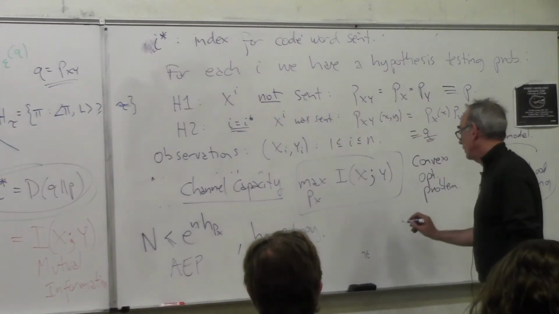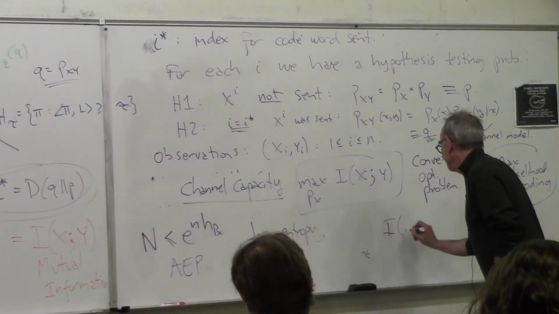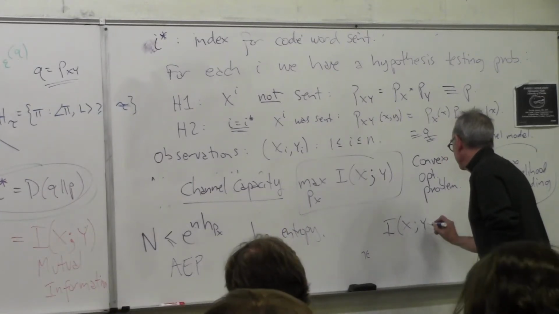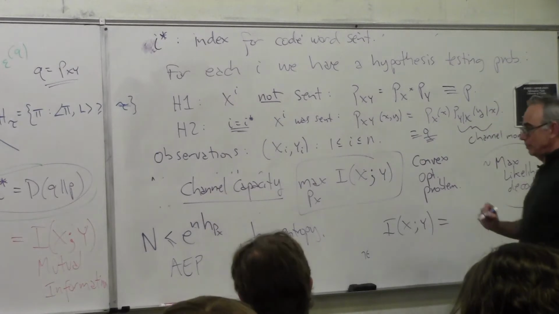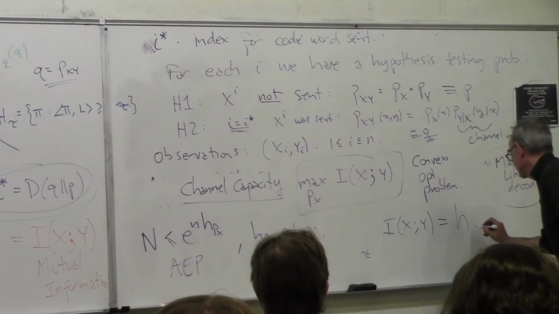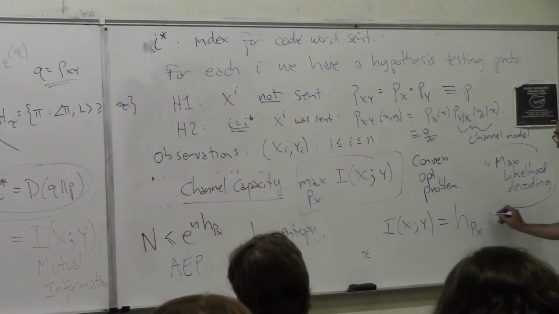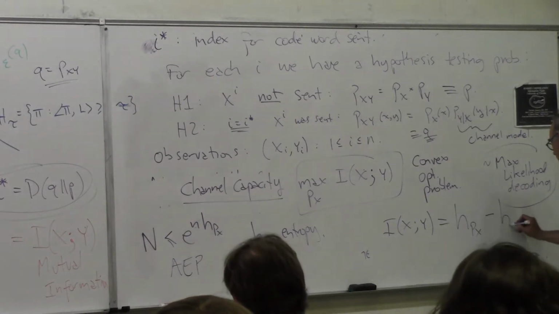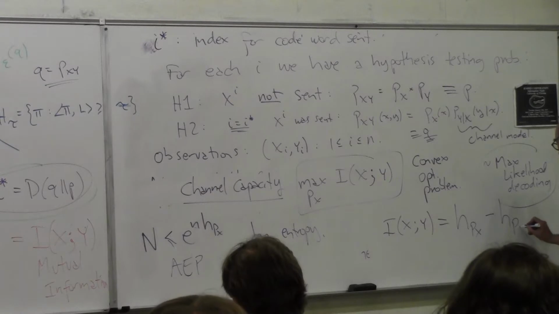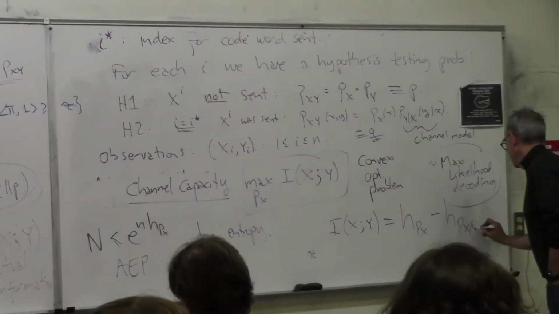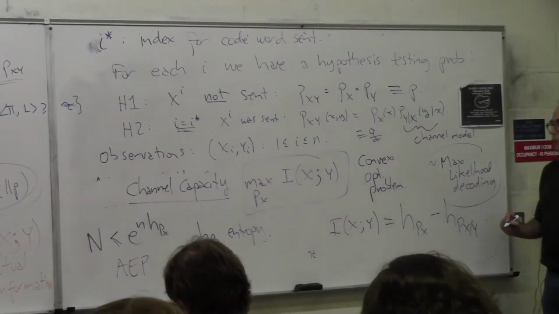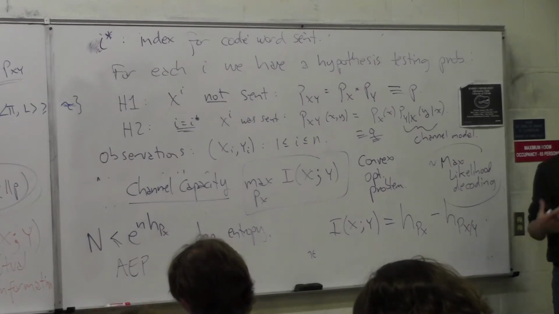It's really easy to show that the mutual information is actually equal to the entropy minus something. There's no way to go into this any further.